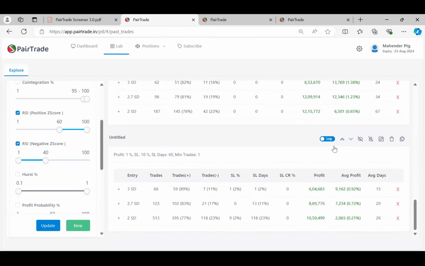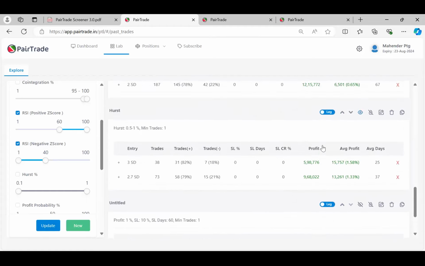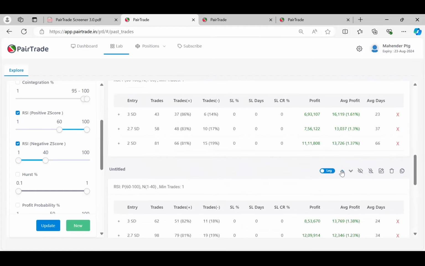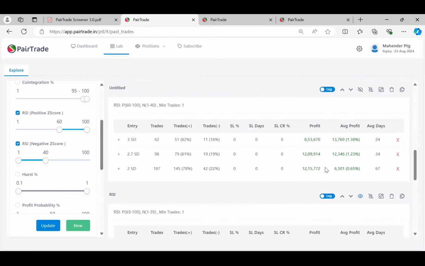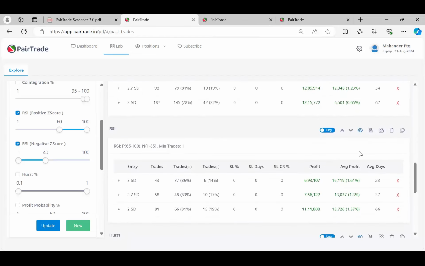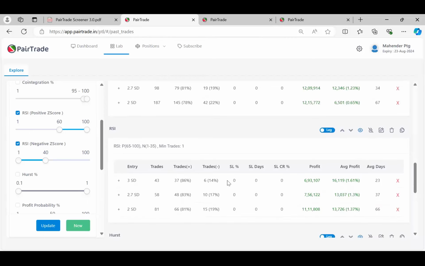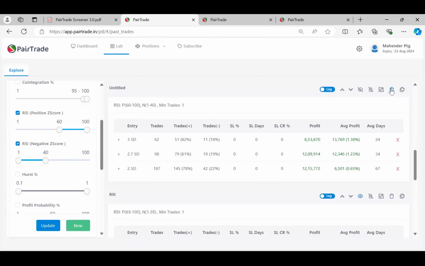I can say move up. So it has moved up, again, further move up. Again, move this one up. Here now both RSI. Now it is easy for us to compare which one is better combination. Okay, now I think I will go with this combination. I can delete this one.